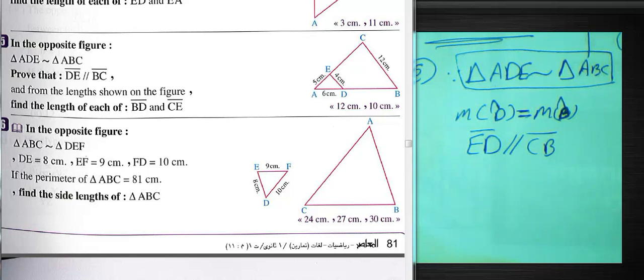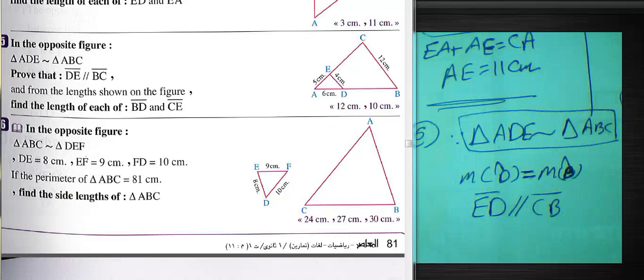Okay, if a straight line intersects two parallel straight lines, then each two corresponding angles are equal in measure.